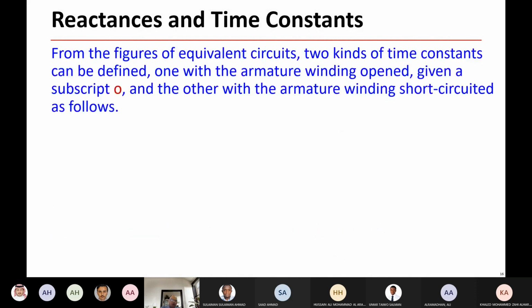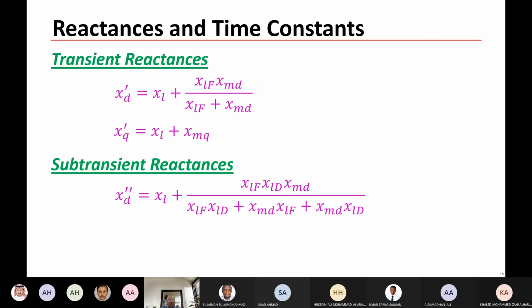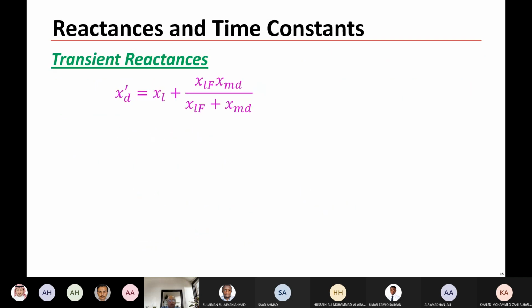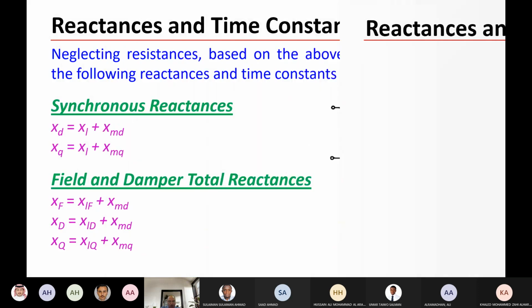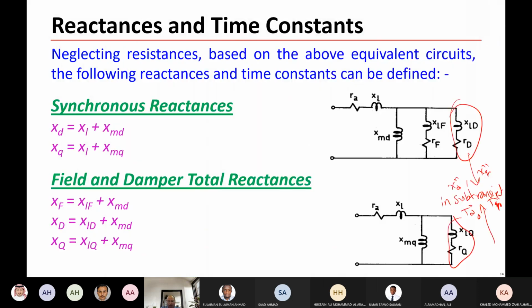The time constants also, you can have the time constants in damper and in field in the synchronous machine. We define 2 types of time constants: time constants with the armature open circuit, and time constants with the armature short circuited.